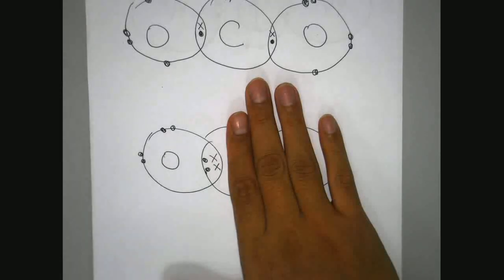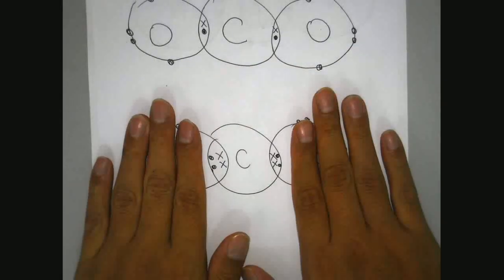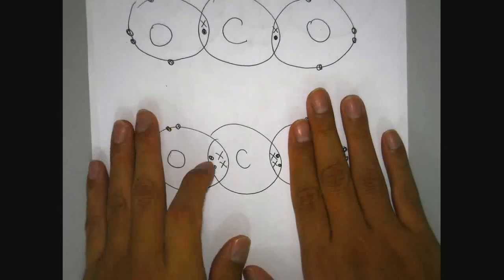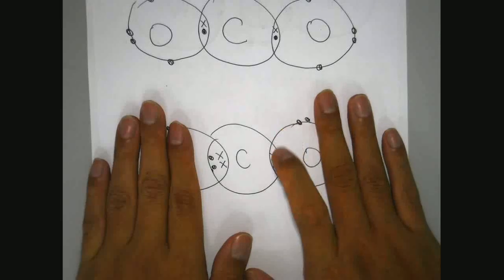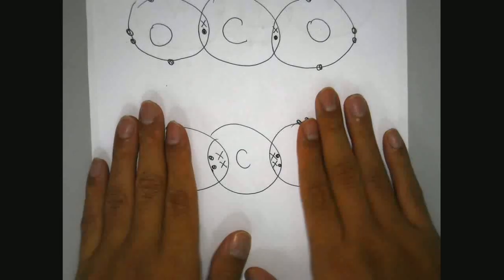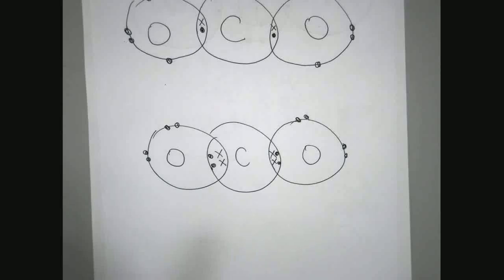So 8 is an octet, which is stable. Let's do the same thing for carbon. After you share 2 electrons with the oxygen, you have 2, 4, 6, 8. So the carbon gets 8, which is also stable. Which means that now the carbon and oxygen are both stable, and this is the diagram that we want.